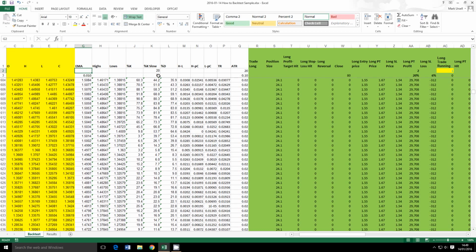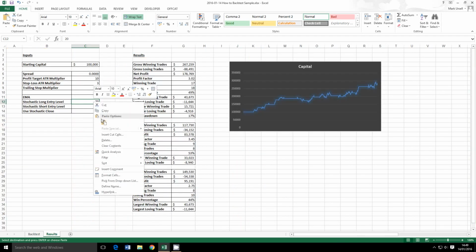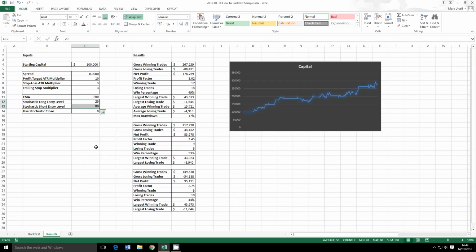Excel is very flexible, as I said. We can cut these values, which we only just put in, if you remember, and take them out of there and stick them in here. I'm just going to repair the formatting there, and we can just change this level. So we don't want to enter at 20, we want to enter at 10, or we enter at 30.